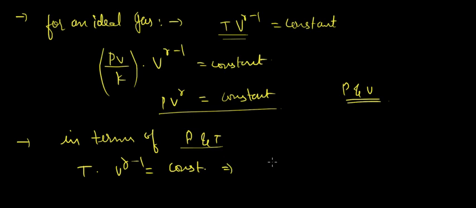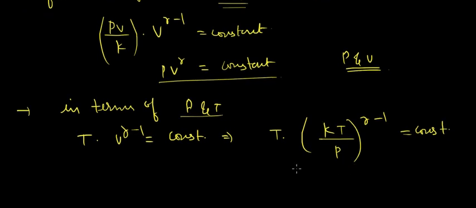From here we can substitute the value of V from the ideal gas equation, which is nRT divided by P. nR I'm writing as some constant K, so K T divided by P to the power gamma minus 1 is constant. So this is nothing but T to the power gamma multiplied with P to the power 1 minus gamma is some constant.